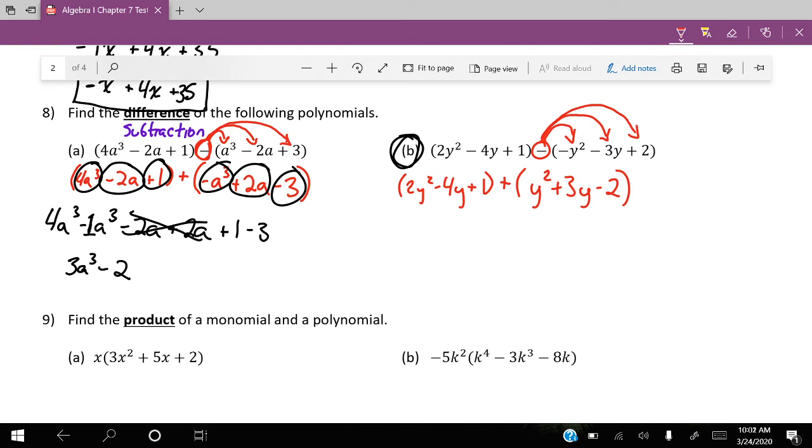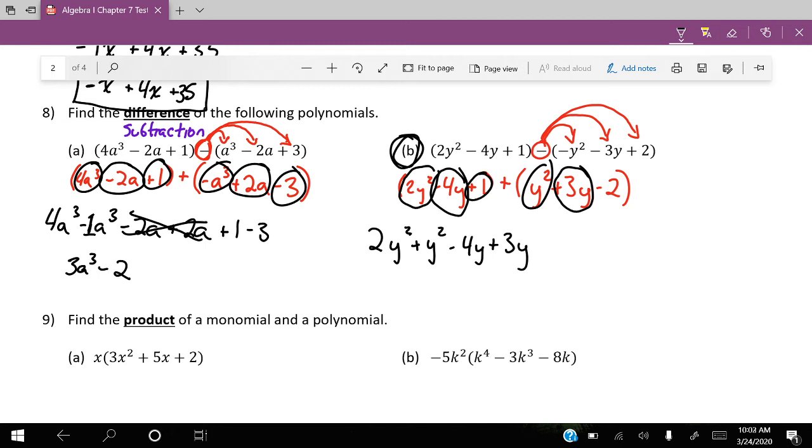All right, we're going to put these next to their like terms. So we're going to look for the terms with the highest exponent, which is 2y squared and y squared. So 2y squared plus y squared. Then the next two largest terms with their exponent, minus 4y plus 3y.